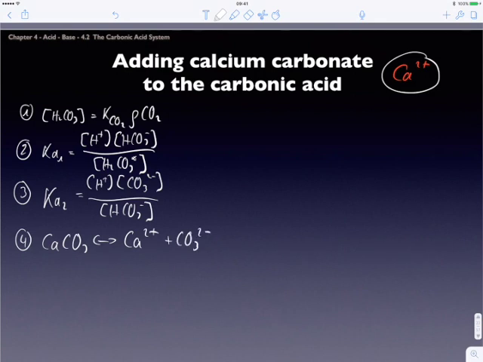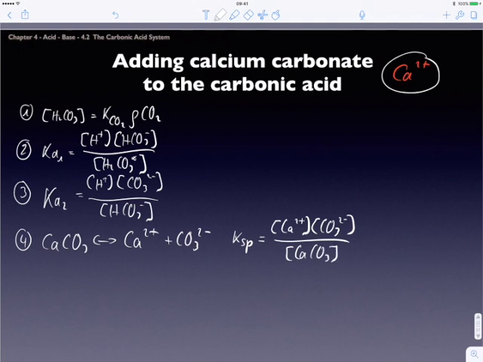And this reaction has what we call a Ksp, a solubility constant, for the calcium carbonate mineral. We know that it is equal to the concentration of Ca2+ times the concentration of CO3 2- divided by the concentration of CaCO3.